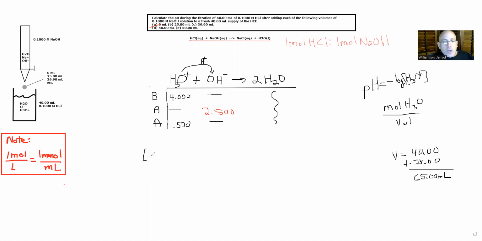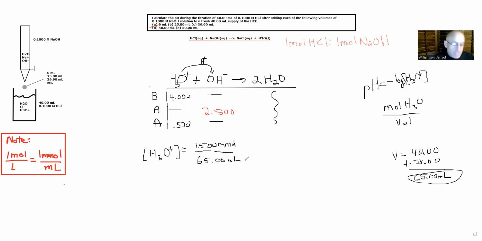The hydronium ion concentration now will be 1.5 millimoles over 65 milliliters, which is the same thing as 1.5 moles per 65 liters.